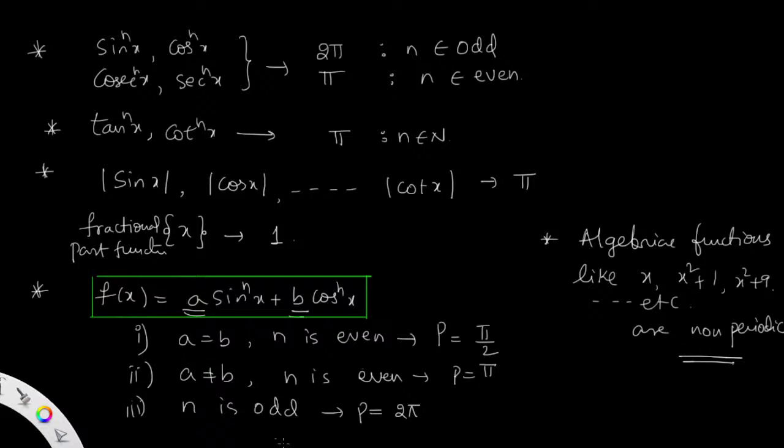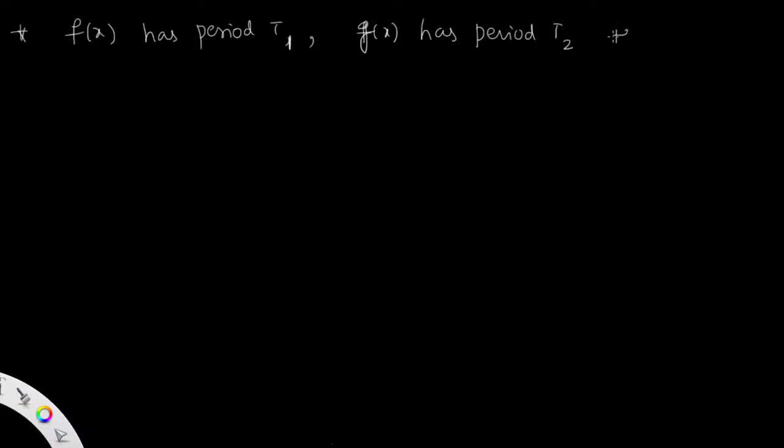The next concept is, suppose any function f of x has period t1, and a second function g of x has period t2. When both functions are mixed up, how should we find the period?